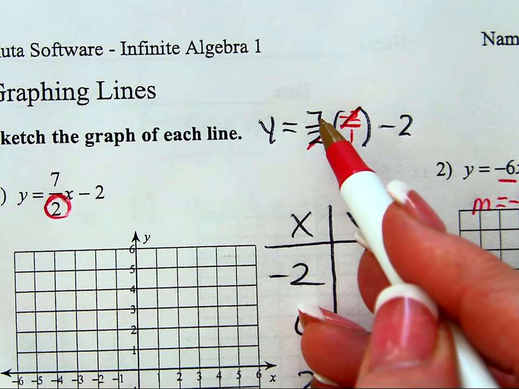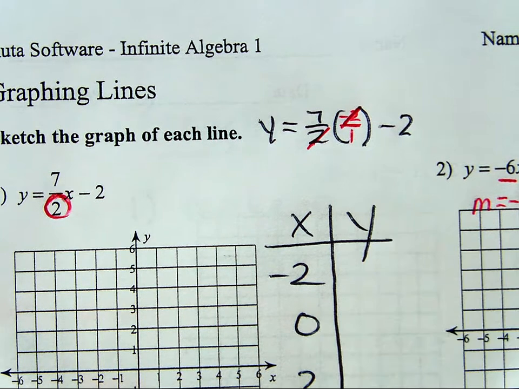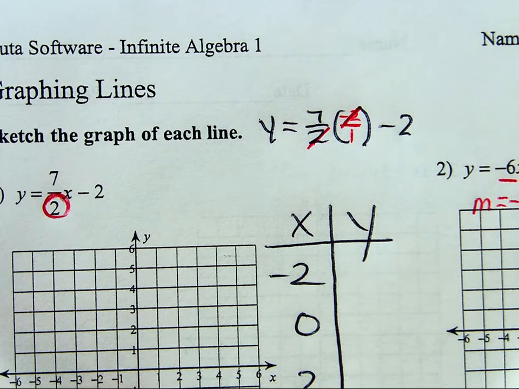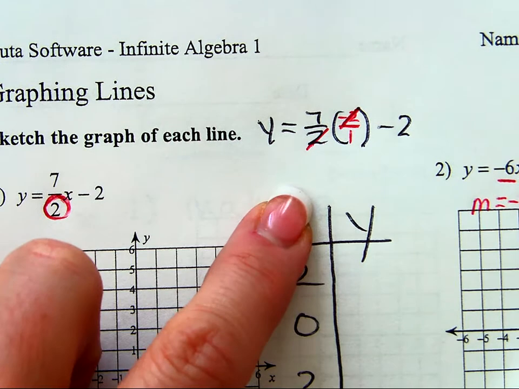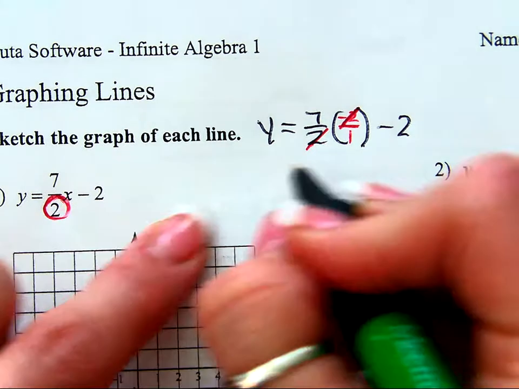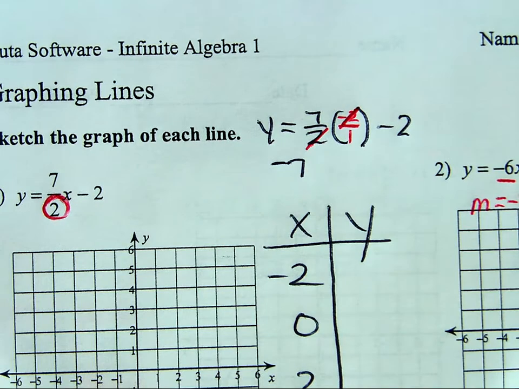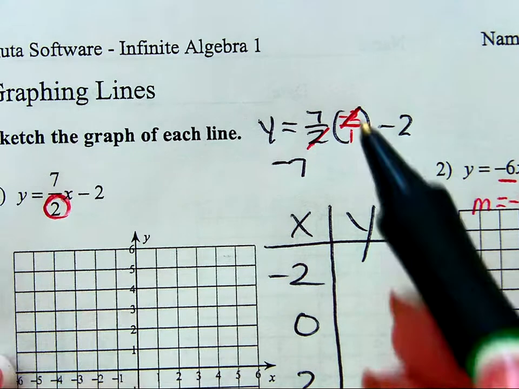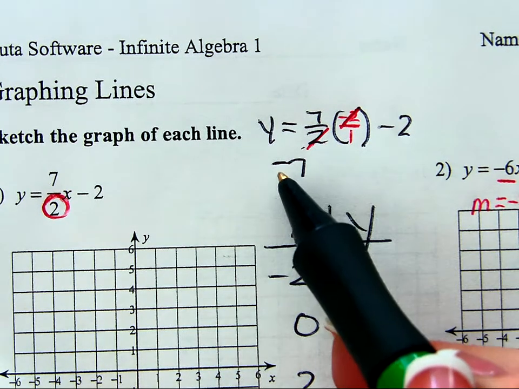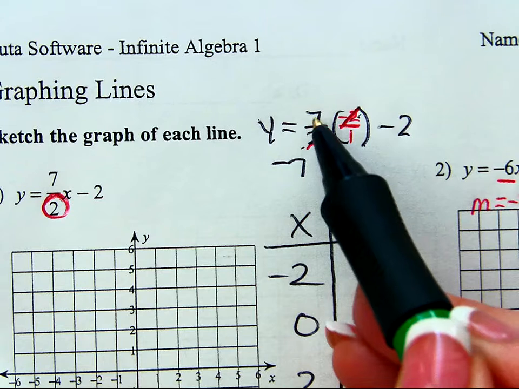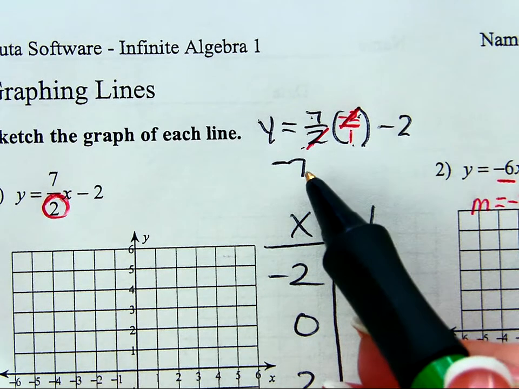And what's a positive times a negative? So what is, ready? 7/2 times negative 2. It's negative 7. You see why? Because positive times negative is negative, and when the 2's cancel, I'm left with 7 over 1, which is 7.